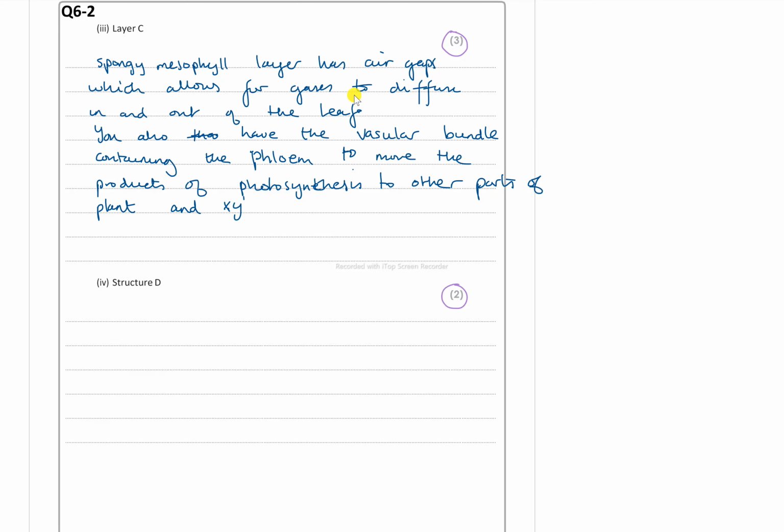And the xylem, which transports water and minerals for photosynthesis.